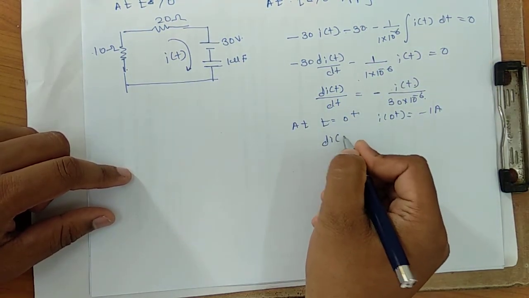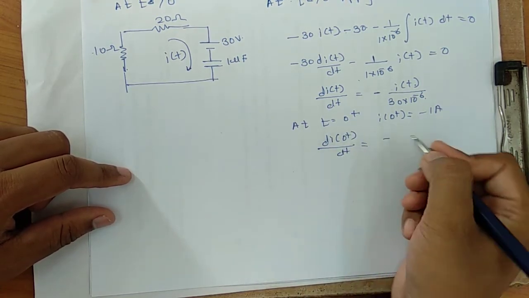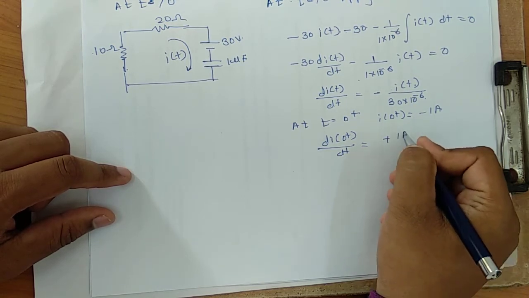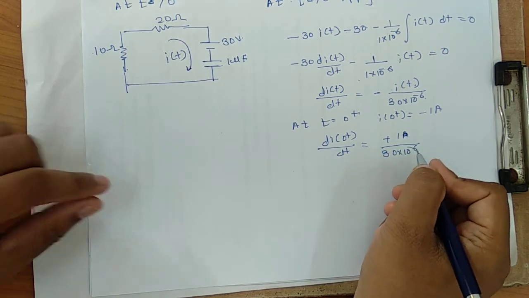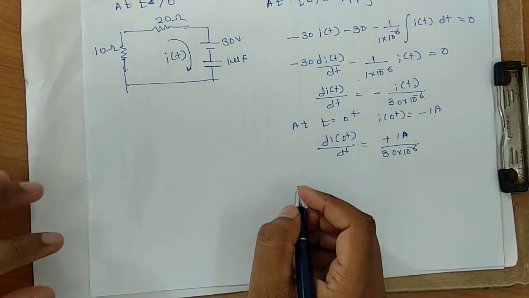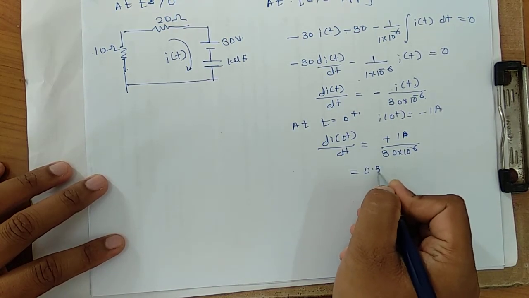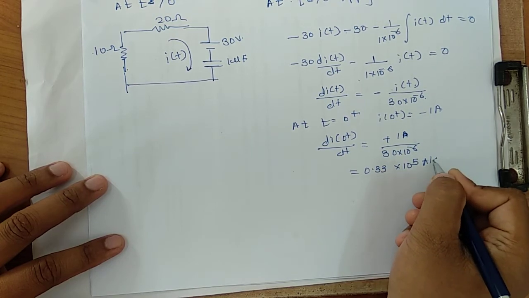So dI of 0 plus divided by dt is equal to minus of minus 1, that is plus 1 ampere, divided by 30 into 10 raised to minus 6, that is 0.33 into 10 raised to 5 ampere per second.